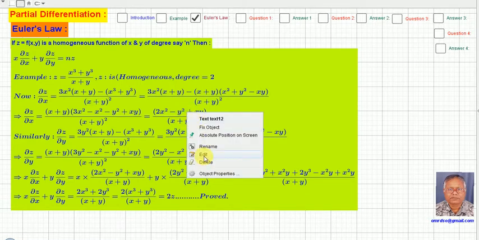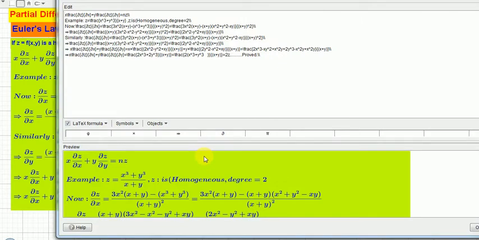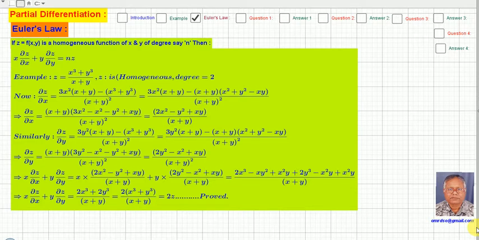Again, I have to correct it for del z/del y. Del z/del y is equal to, after doing the denominator into the differentiation of the numerator and so on, finally equal to (2y cube minus x cube plus 3xy square) upon (x plus y) whole square.